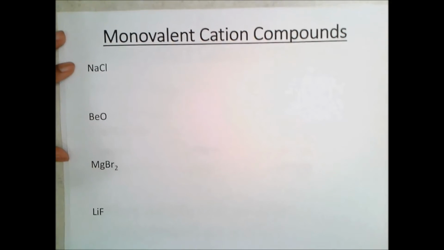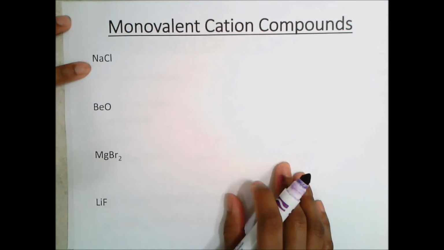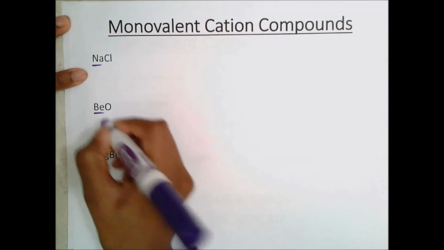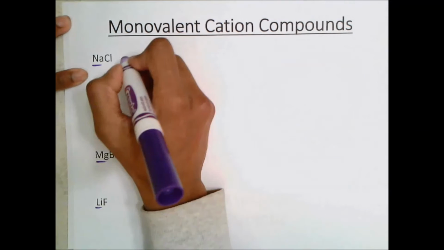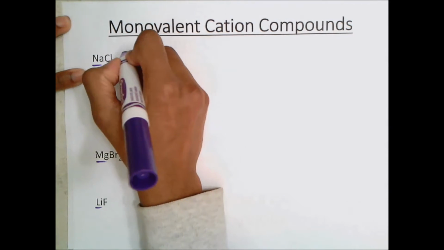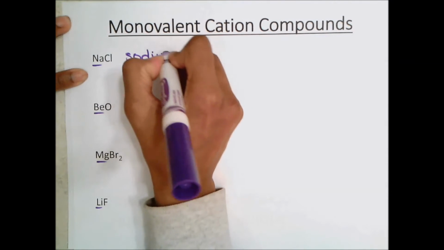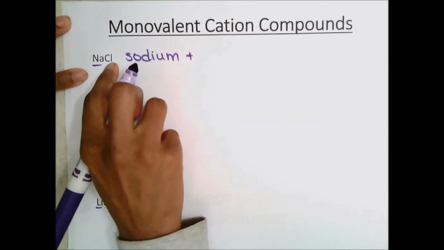So let's practice naming these specific examples. Remember that your metals are always written first. So these are our metals. Identify your metals. So I have sodium and I have chlorine here.